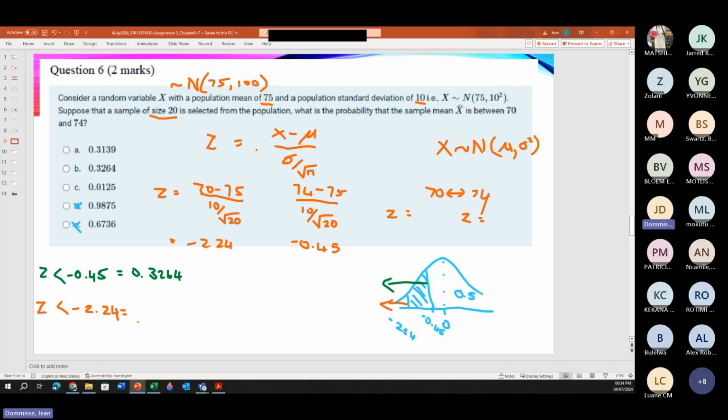And if I subtract those two, because if I subtract the green with the orange, I will get the blue.